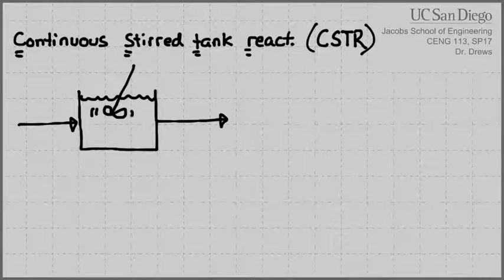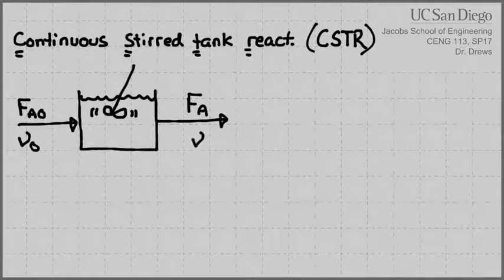In order to get it to work right, you have to add those little marks that indicate the stirrer is working. There is some flow coming in at some volumetric flow rate v, which looks suspiciously like a nu, but I'm just going to leave it because we're going to have to deal with another V. And there's some coming out at some other flow rate v, and the volume that we're dealing with is capital V.